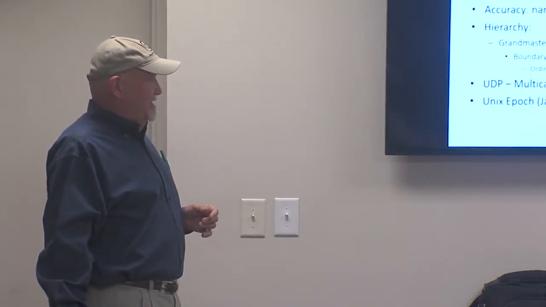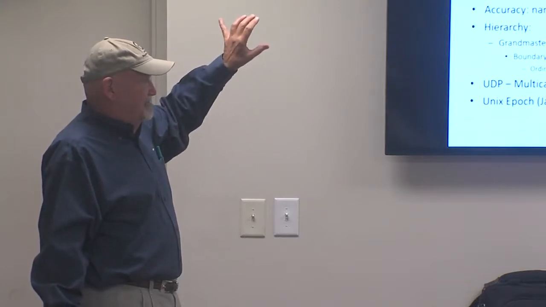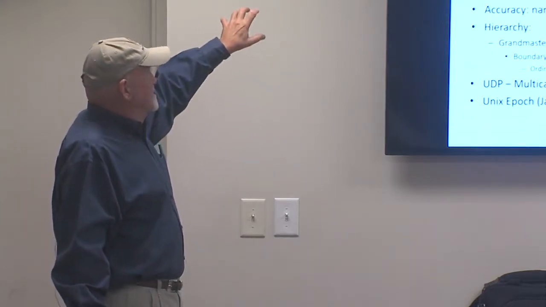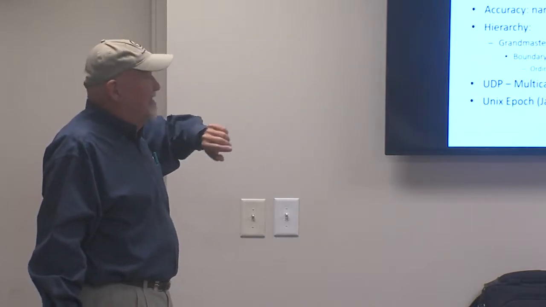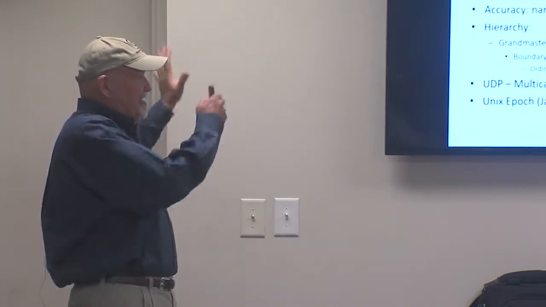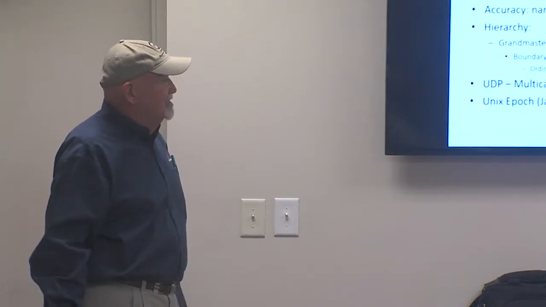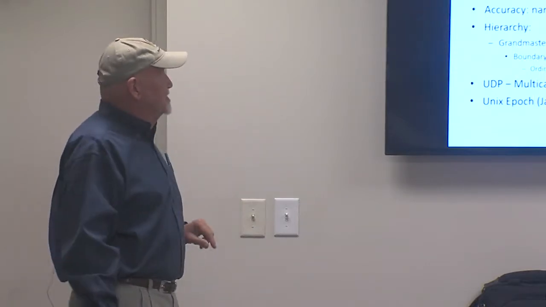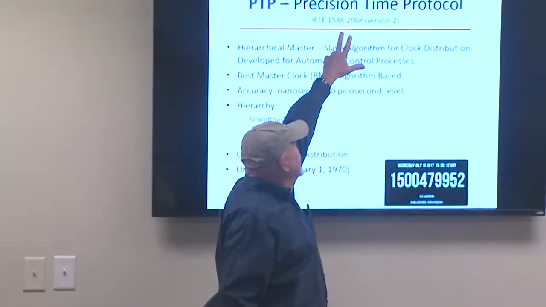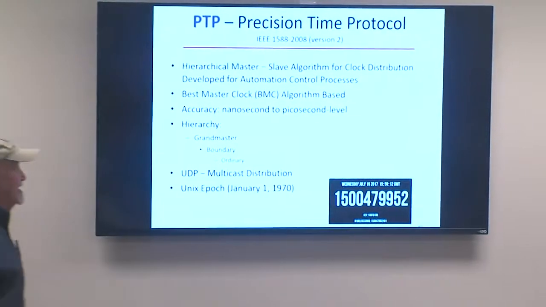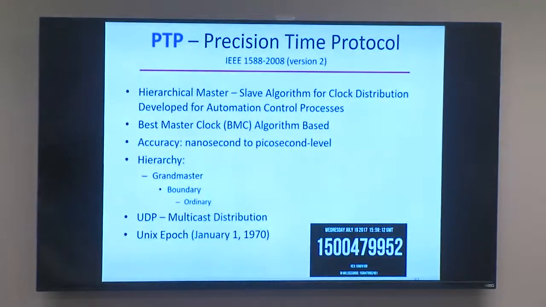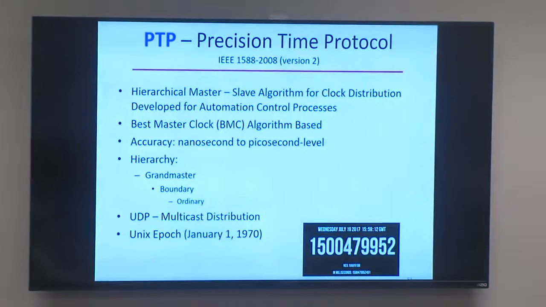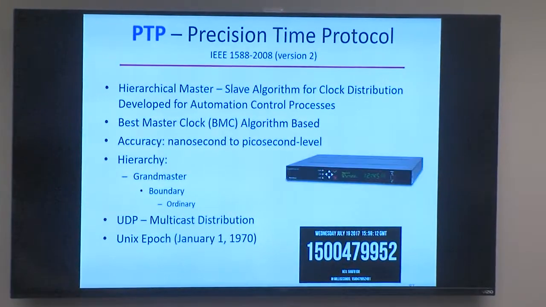And I think SMPTE even has a standard reference that is 1588. Yes, version 2, also sometimes referred to as 1588-2008, which is basically more accurate. That's how you get to the picosecond level.